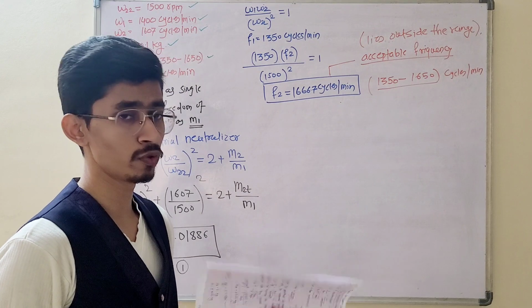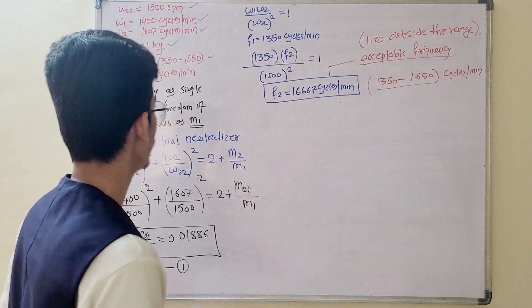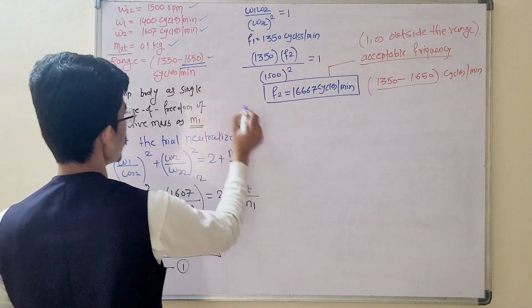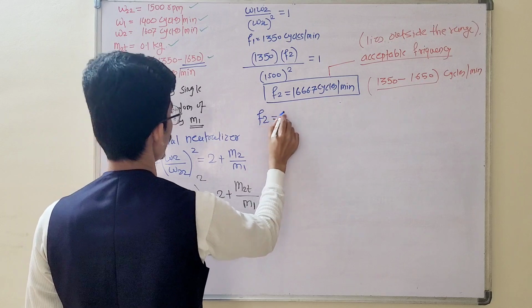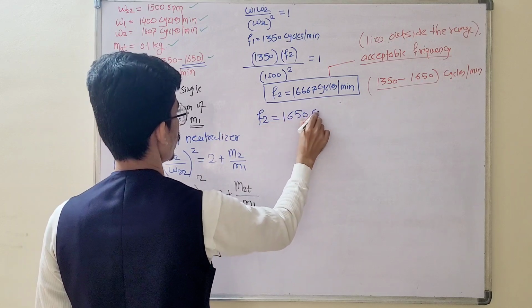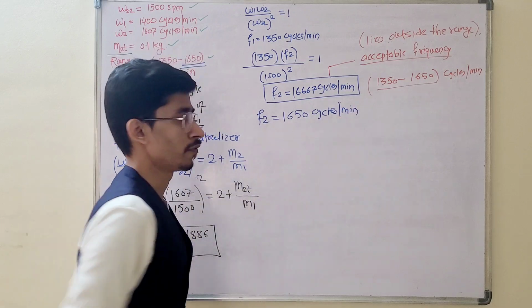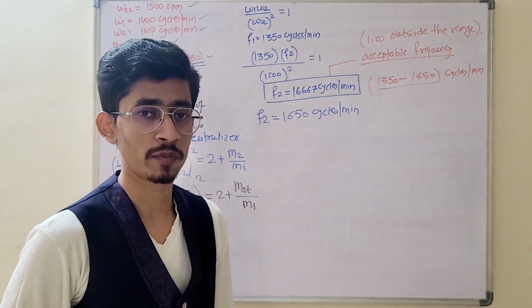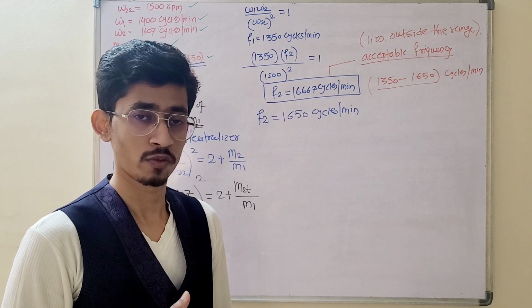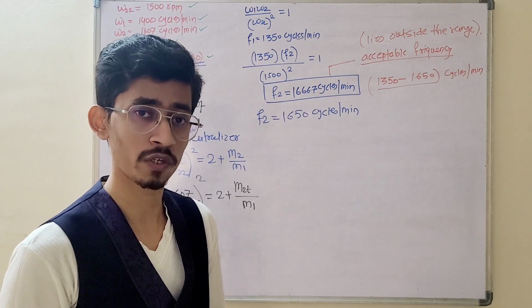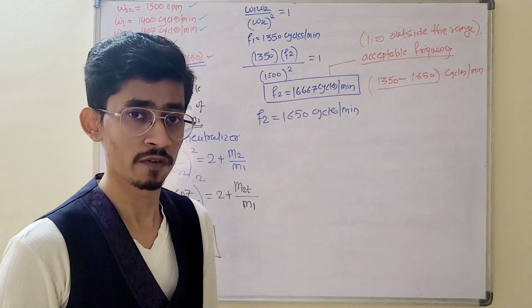Now what will happen if we go through our final frequency with F2 equal to 1650 cycles per minute? What will be my F1? Again we are doing frequency calculation, trial and error.